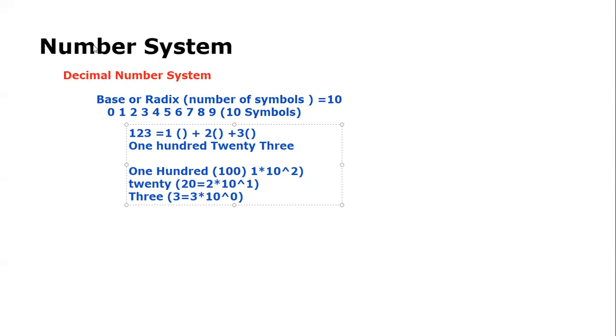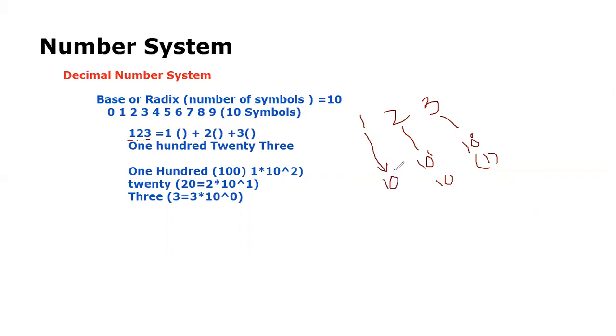The rightmost is the 0th position, then 1, and then 2. The 10 raised to 0 position has a worth of 1, the unity. 10 raised to 1 has a worth of 10, and the third position, 10 raised to 2, has a worth of 100.